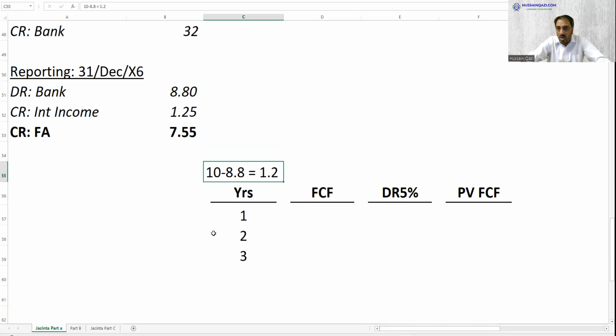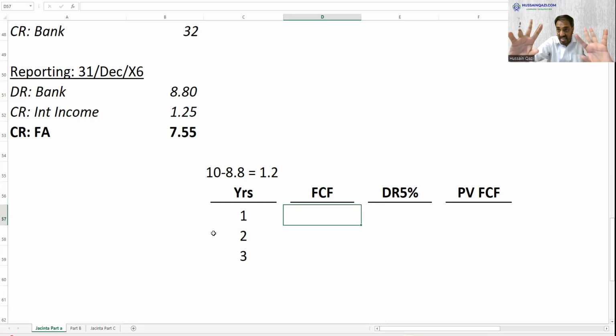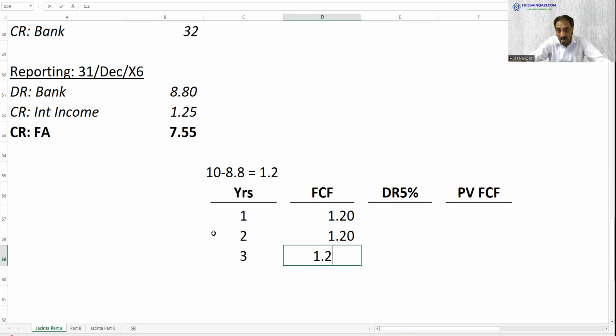How? The original expected amount was 8.8 for the remaining 3 years. Do remember, after 31st December X6, the remaining time period is 3 years. 8.8, but now that's 10 million. So here the incremental future cash flows, the expected additional future cash flows, are 1.2, 1.2, 1.2.